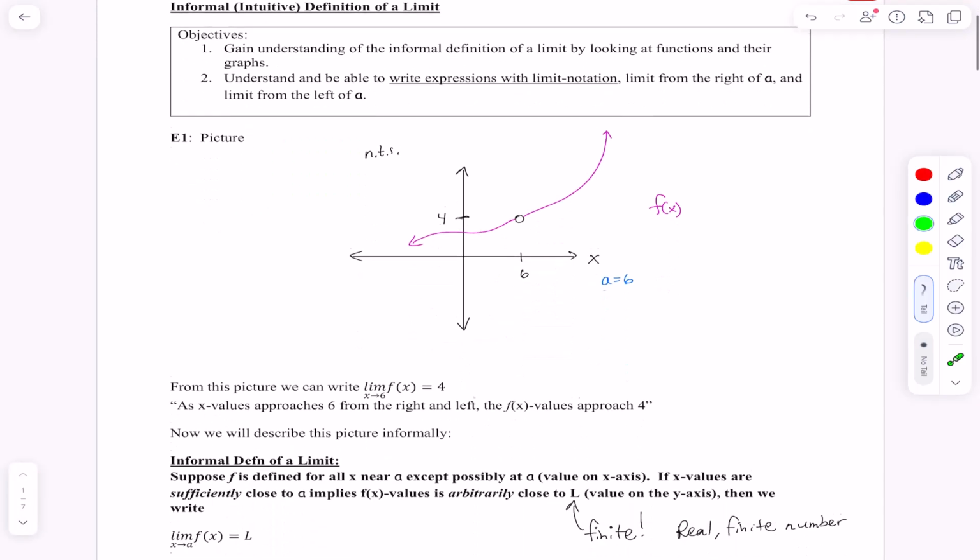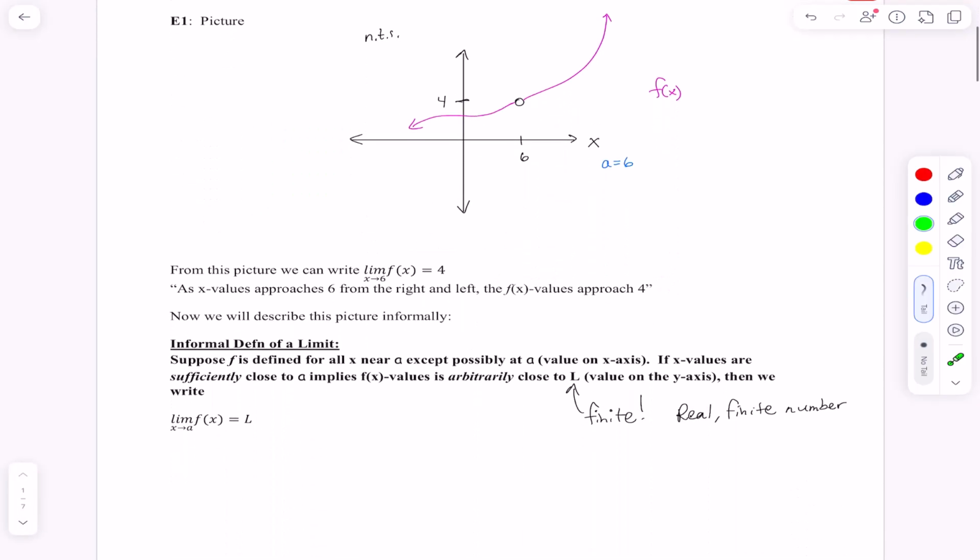The first example is a picture, and remember that NTS stands for not to scale, but we do want to indicate that 6 is a little bit further than 4. From this picture, let's look at x values approaching 6 from the left-hand side, and we want to look at the corresponding f of x values.